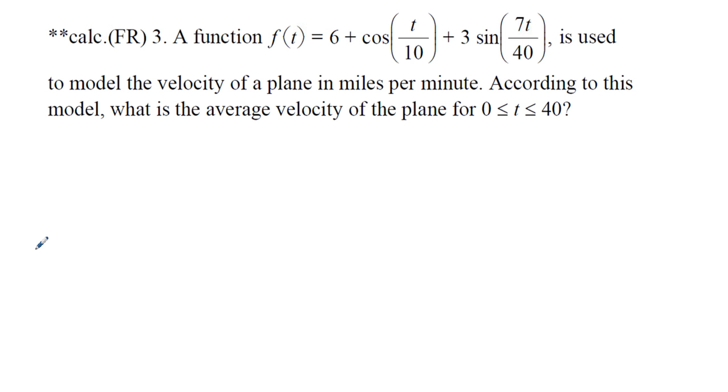Okay, the last problem we have is a calculator problem. It's the same concept. We have A is going to be 0, and our B is going to be 40.